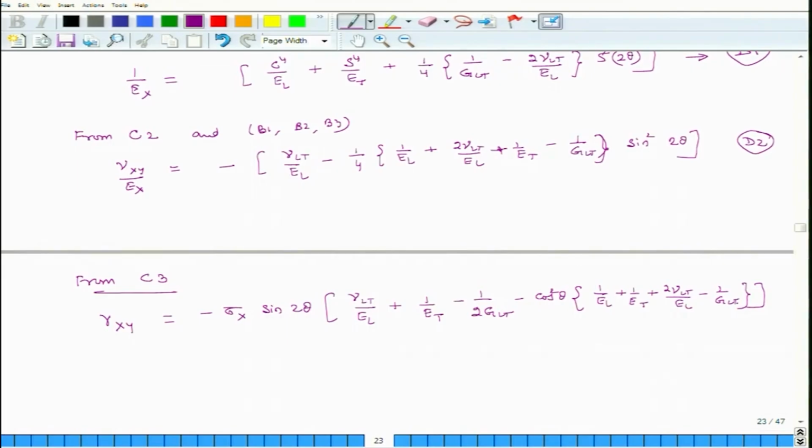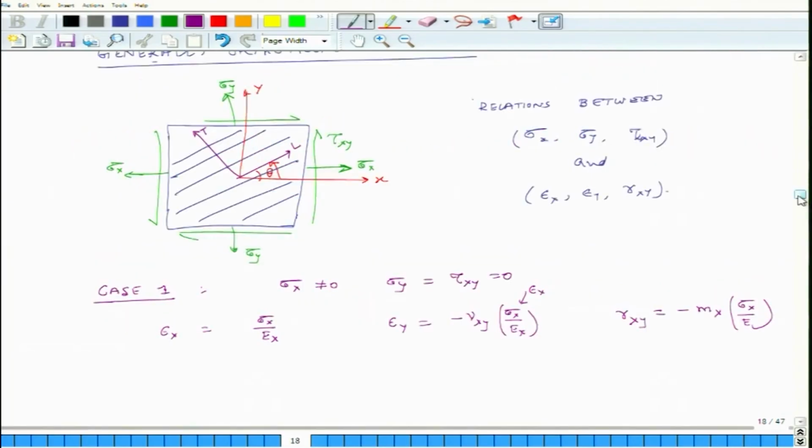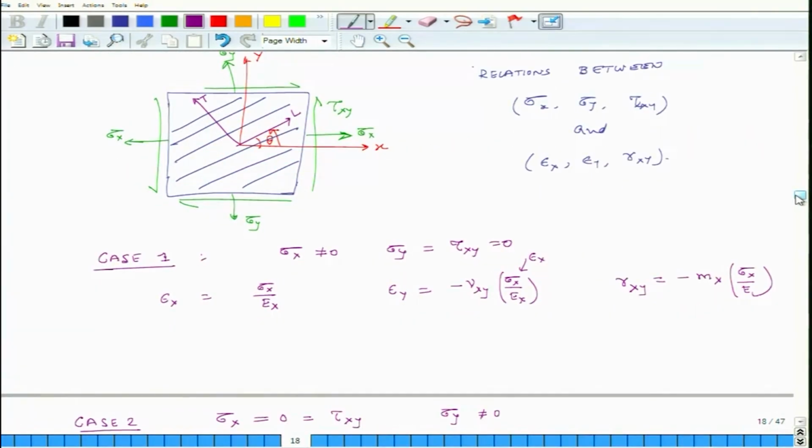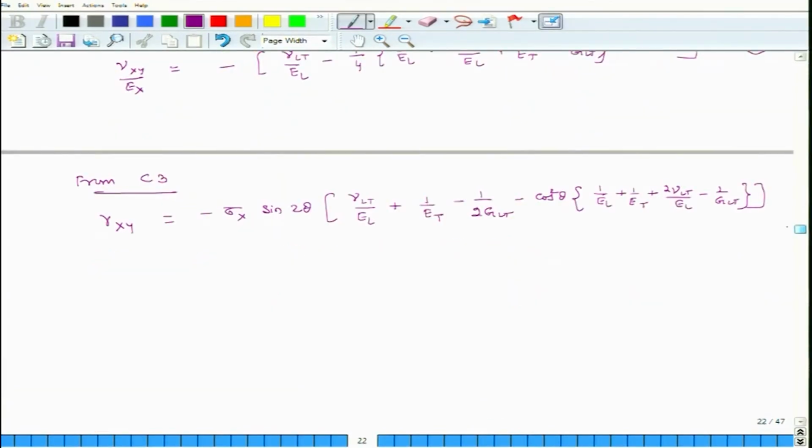This is gamma xy. And in the generally orthotropic case, gamma xy is equal to minus mx times sigma x by EL. So, if you use this definition, then from C3 you get mx.